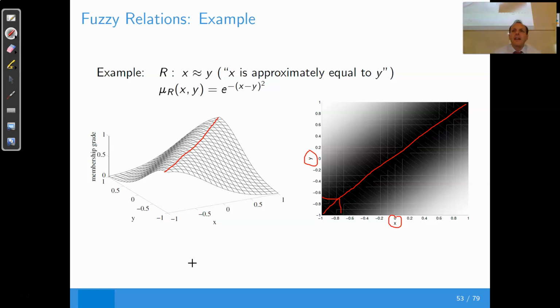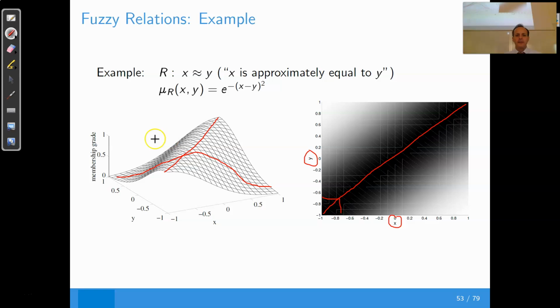So this is a very simple example of a fuzzy relation: x is approximately equal to y. As you can see here, it relates a two-dimensional Cartesian space to a membership function, with values between 0 and 1.